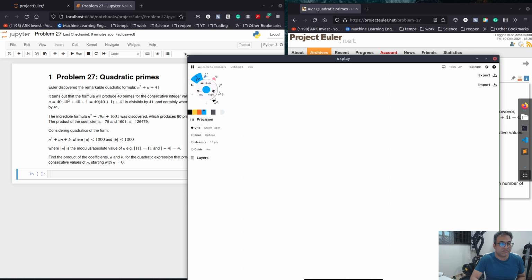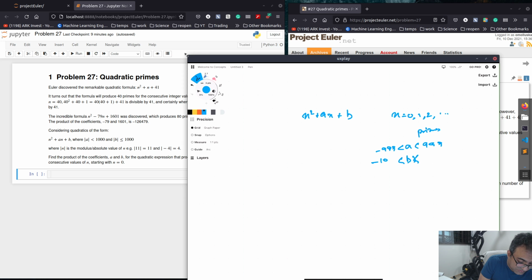So yeah, let's talk about this. So we have n squared plus an plus b for n equals 0, 1, 2 and so on, will give us primes. a is basically between minus 999 and 999, and b is between minus 1000 and 1000, and this should give primes.